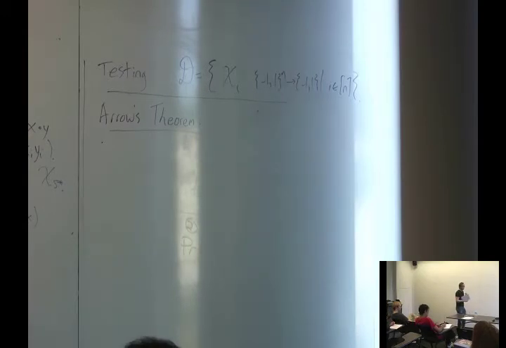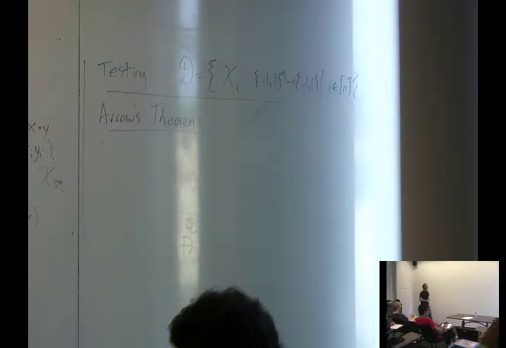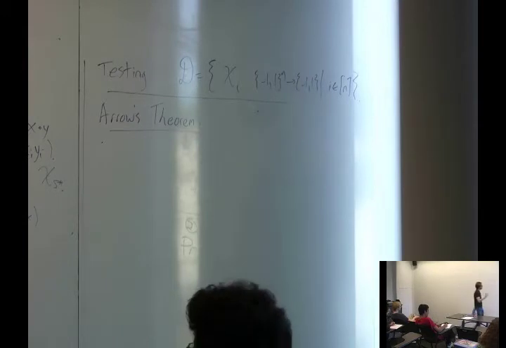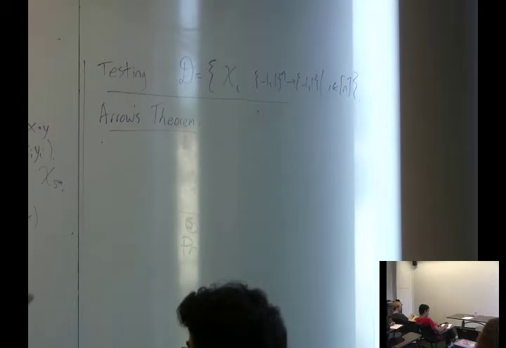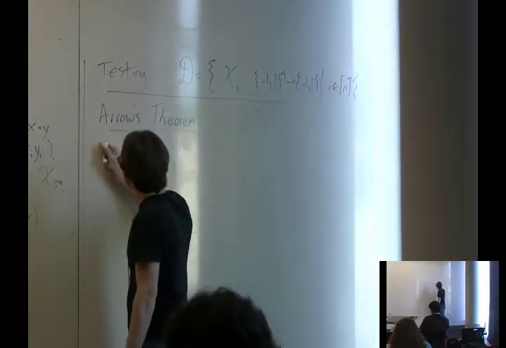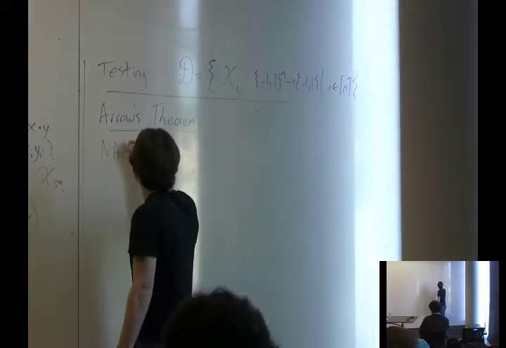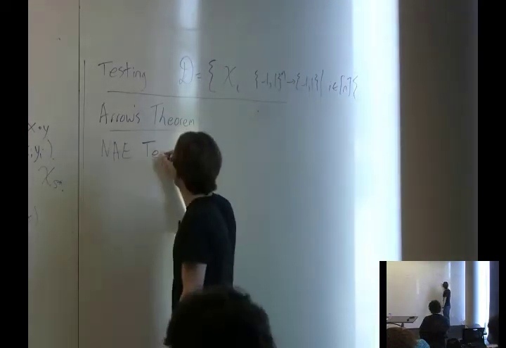And this had the unfortunate potential outcome that you could get an irrational result where somehow society prefers A to B and they prefer B to C, but somehow they also prefer C to A. And Arrow's theorem said that if you're using a Boolean function like f to hold such a three-way election, this always has a chance of happening unless f is a dictator, or the negation of a dictator, but close enough. So this suggests a nice, pleasant test that you might try to use to test the class of dictators. We'll call this the not all equals test, NAE test.